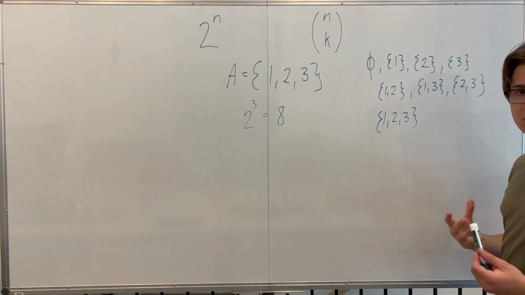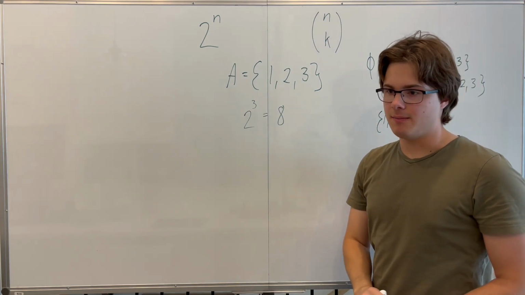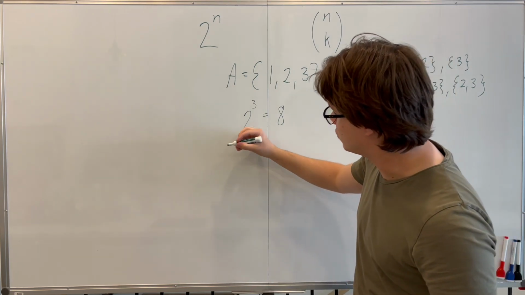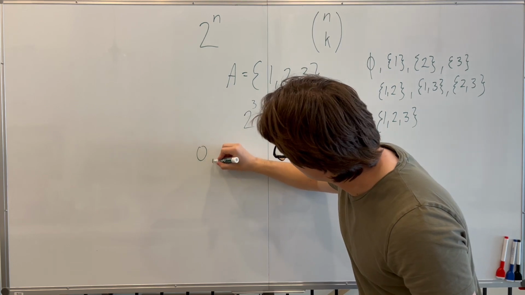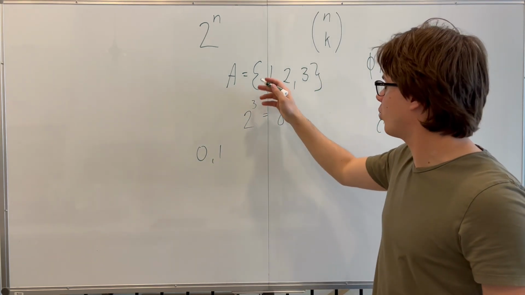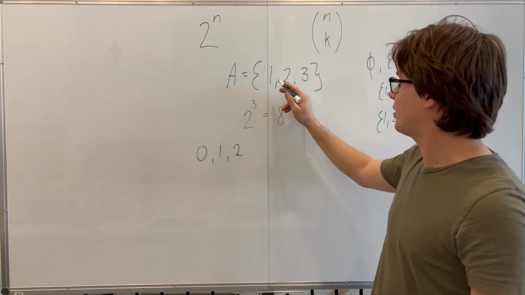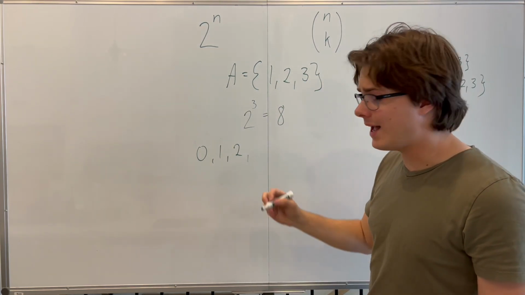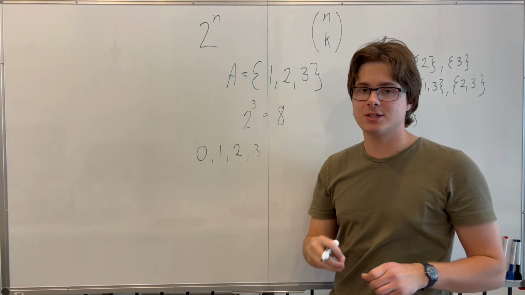But another way to look at this problem is, I have 3 elements in A. When I'm choosing elements, I can choose 0 elements, none of them. I can choose 1 element: 1, 2, or 3. I can choose 2 elements: 1 and 2, 1 and 3, 2 and 3. Or I can choose all of the elements.